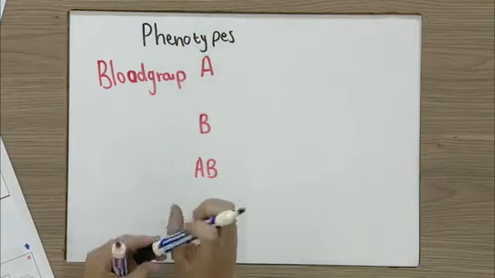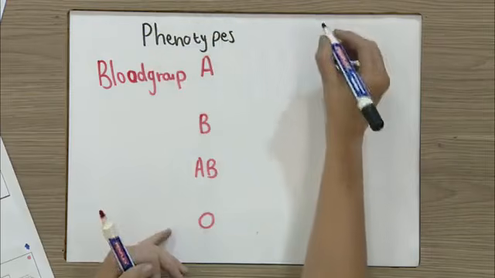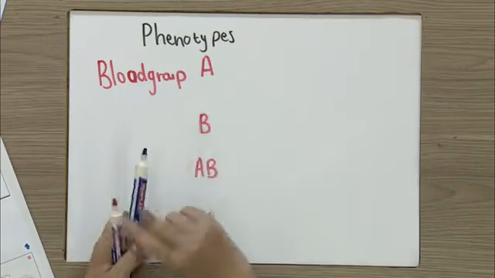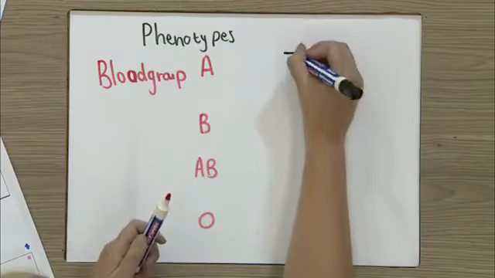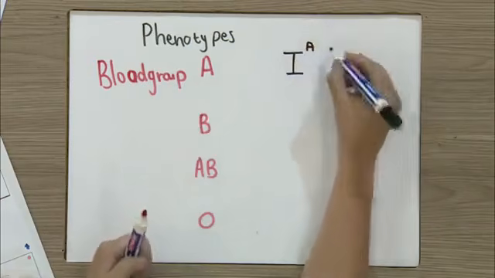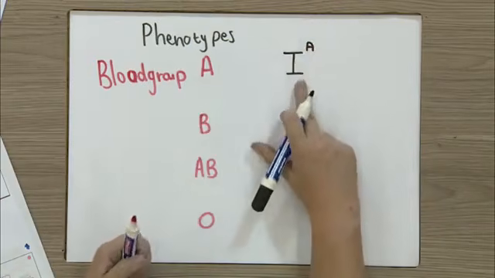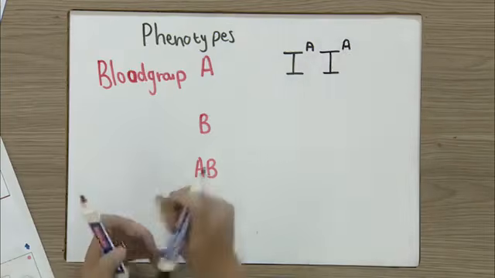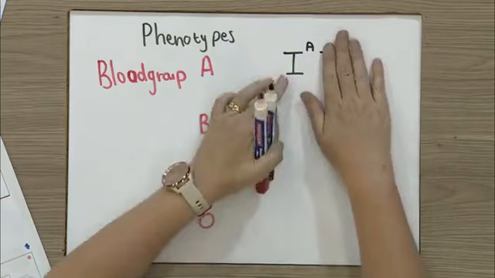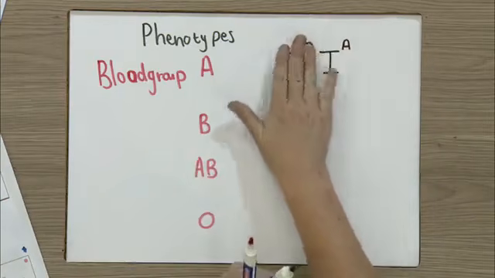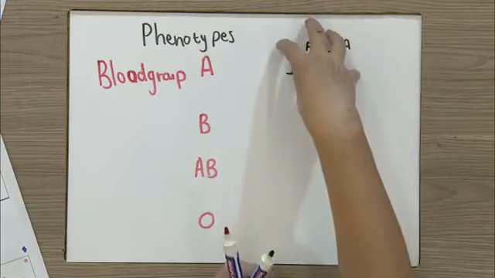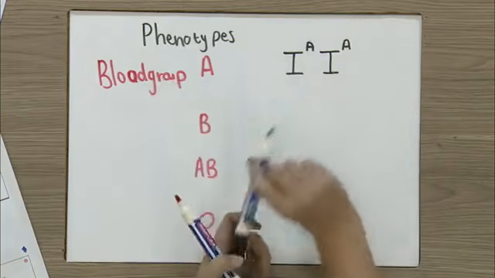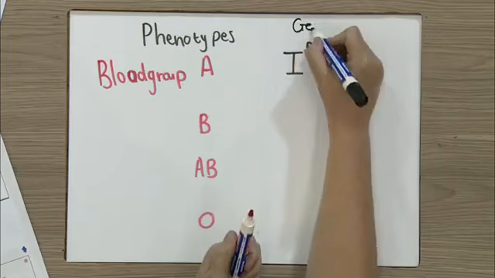Right, so you inherited these blood groups, and if you are blood group A, then you could have inherited an A allele, so this is the notation that you will use, and you could have inherited another A allele. So you could have inherited the first one from mom, the second one from dad, and that combination gives you the phenotype blood group A. Right, and this combination over there, we call your genotype.